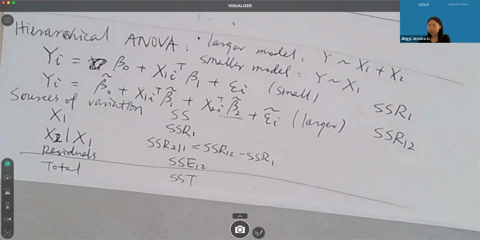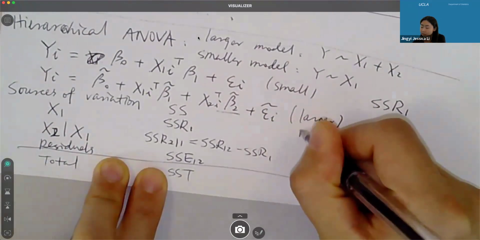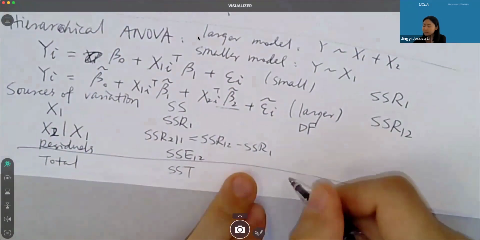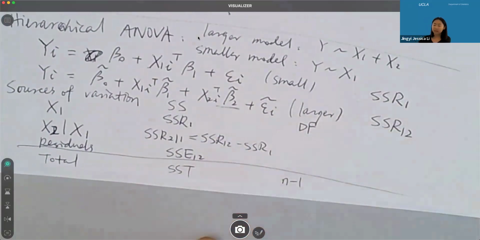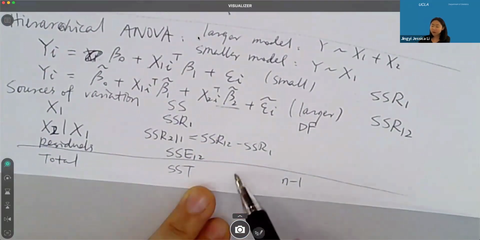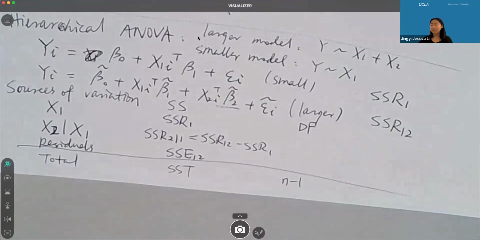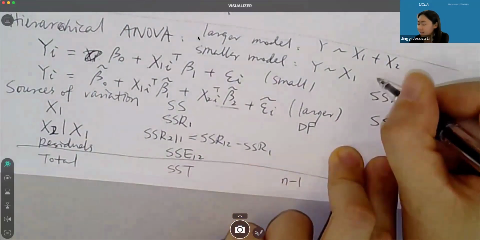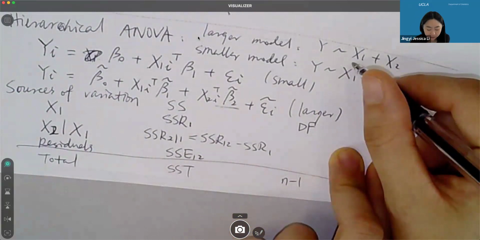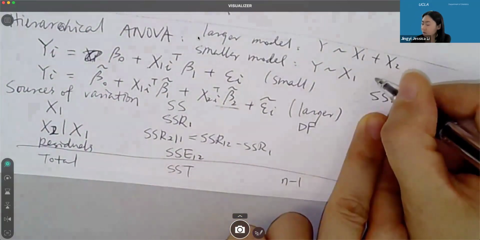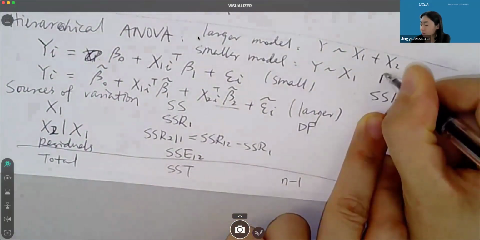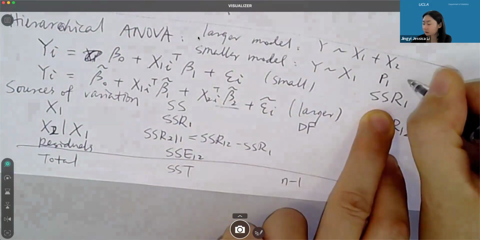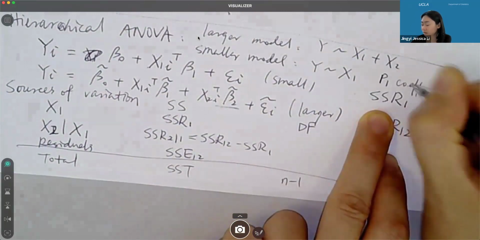And degrees of freedom. We start from the simple ones. For SST, it's n-1. For SSR1, 2, maybe I should give you some ideas here. So basically, we would say this small model has P1 parameters, P1 coefficients.